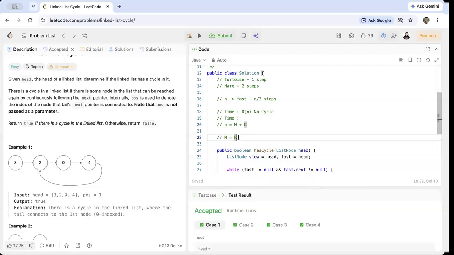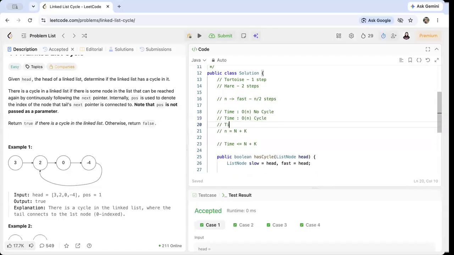So my time will be less than or equal to n plus k in case of a cycle. That is why in case of a cycle as well, our time complexity is O of n. The total time complexity comes out to be big O of n.